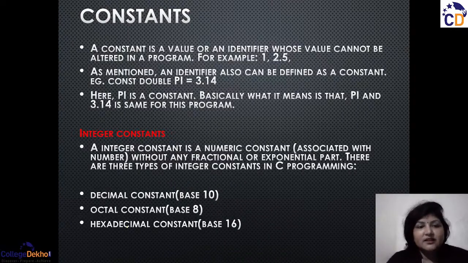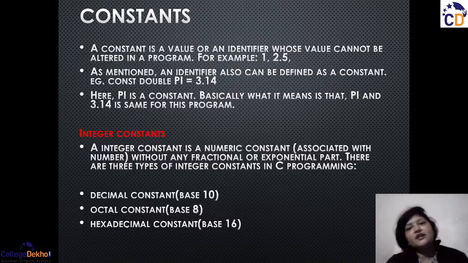Now let us see some constants, and let us see how we define a constant, what is the usage of a constant, and basically why we use these constants, right? A constant is like an identifier. A variable's value can be changed, but you cannot change the value of a constant. For example, the pi value would remain the same throughout each and every program, that is 3.14.